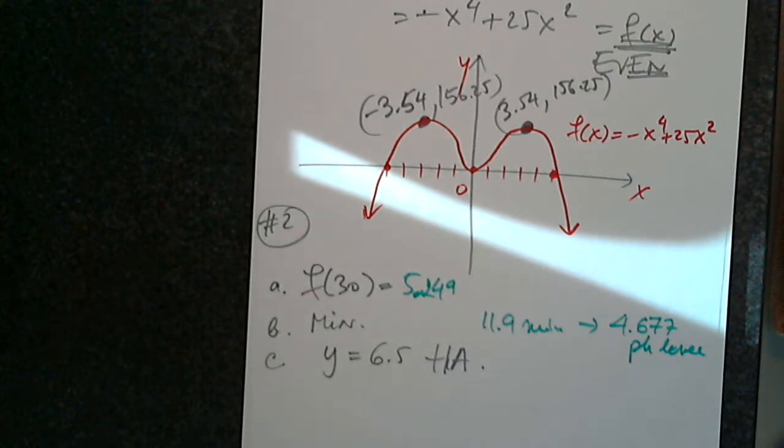The pH level in the mouth is normal at 6.5. I take a piece of sugar. 11.9 minutes later, the pH level drops to its minimum. And then obviously it starts leveling off, slowly but surely, and 60 minutes later, it gets closer and closer to the normal pH level, which is 6.5.